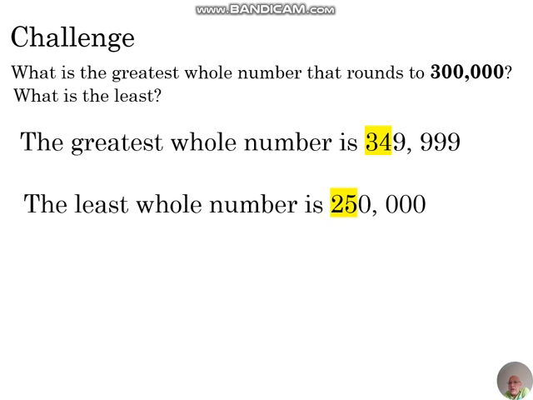And this is the answer for our questions. The greatest whole number is 349,999. And the least whole number is 250,000. That's it. If you round it to the nearest 100,000, 4 is poor.